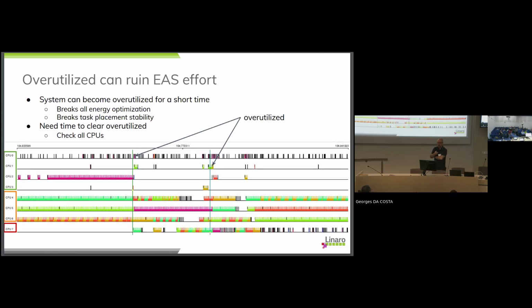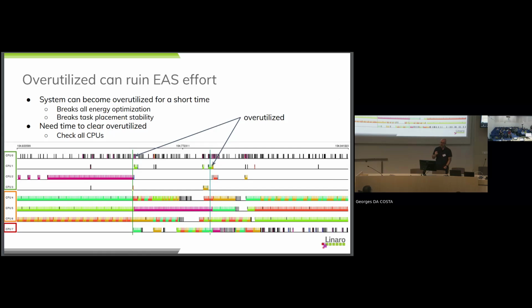So the other point, there's 5 minutes, okay. Even when you have well placed all your tasks, let me describe. I have 4 tasks with uclamp max on the mid-core. And then I have a task that is a small task and then starts to be a long task before going back and becoming a small task again.